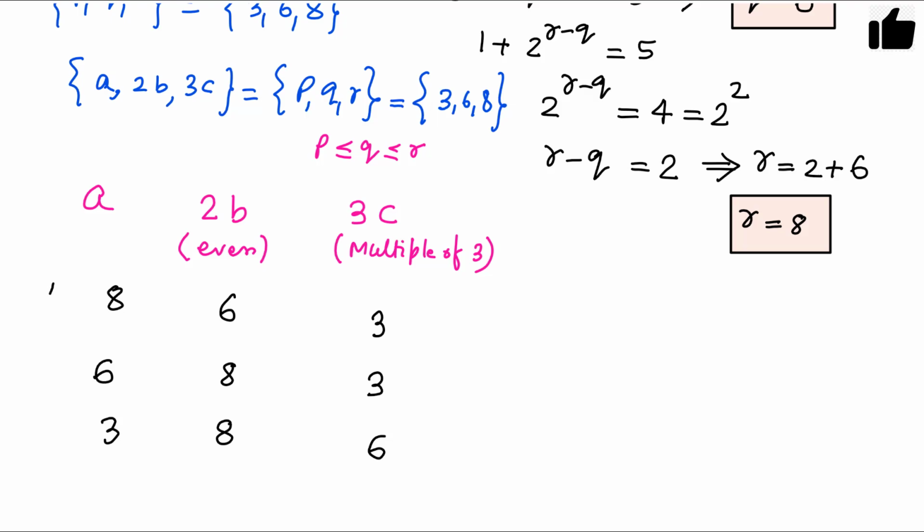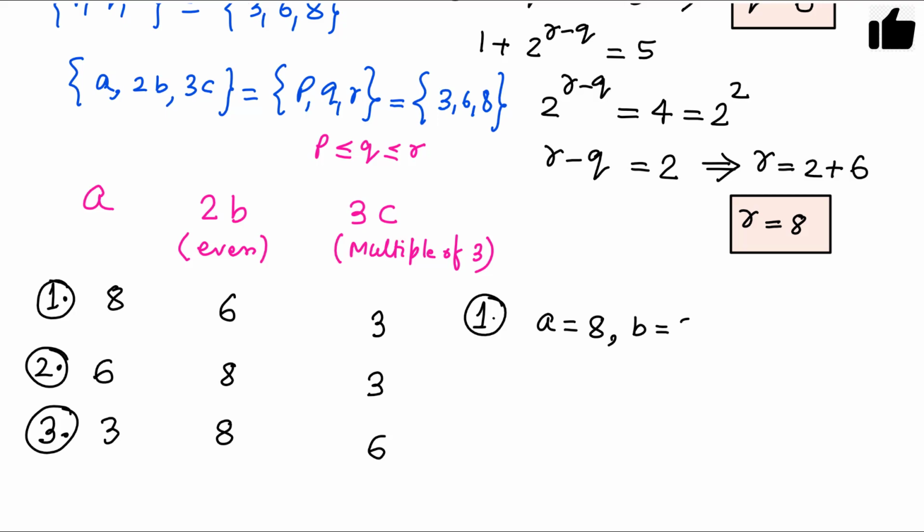Now if you consider each possibility, then you can find the value of a, b, c. So this is the first, second and third possibility. If you consider the first, in this case a is equal to 8 and 2b is equal to 6, this means b is equal to 3, 3c is equal to 3, this means c is equal to 1. Possibility 2, in this case you have a is equal to 6 and b is equal to, because 2b is equal to 8, so b is equal to 4 and 3c is equal to 3, this means c is equal to 1.